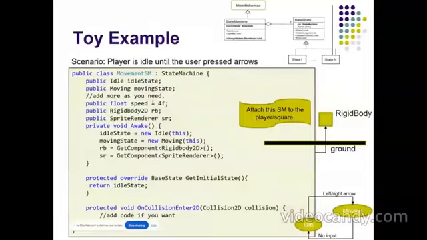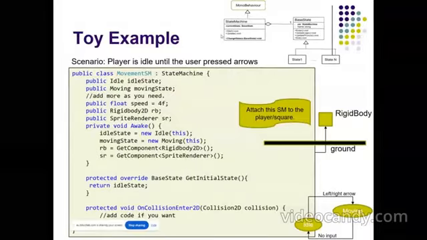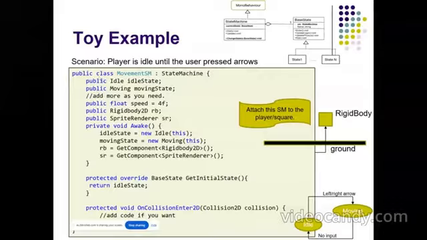We're going to extend them as follows. So the first thing, we create the state machine. As you can see here, it extends state machine, which is the core class that is MonoBehaviour. And as you can see, in the state machine, we have awake, and we have initial state.